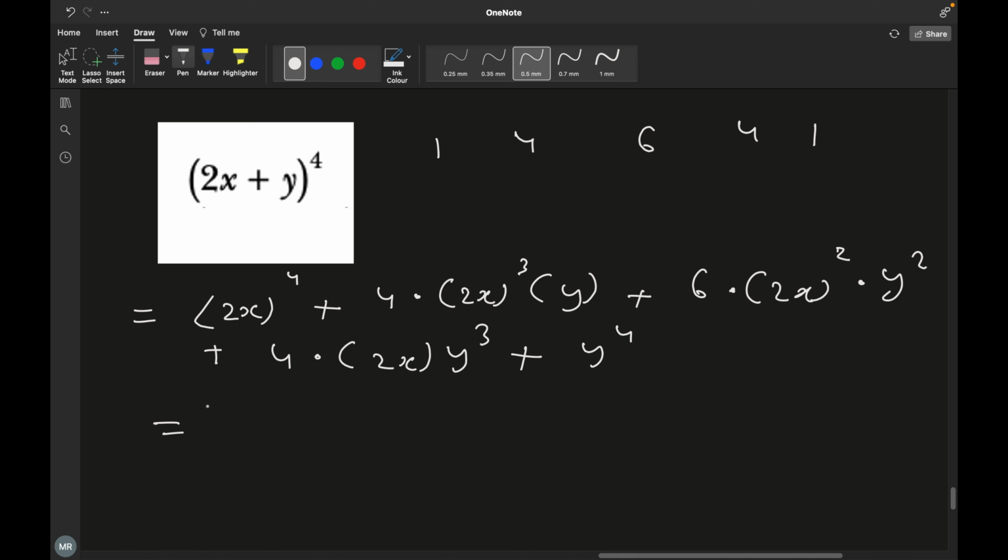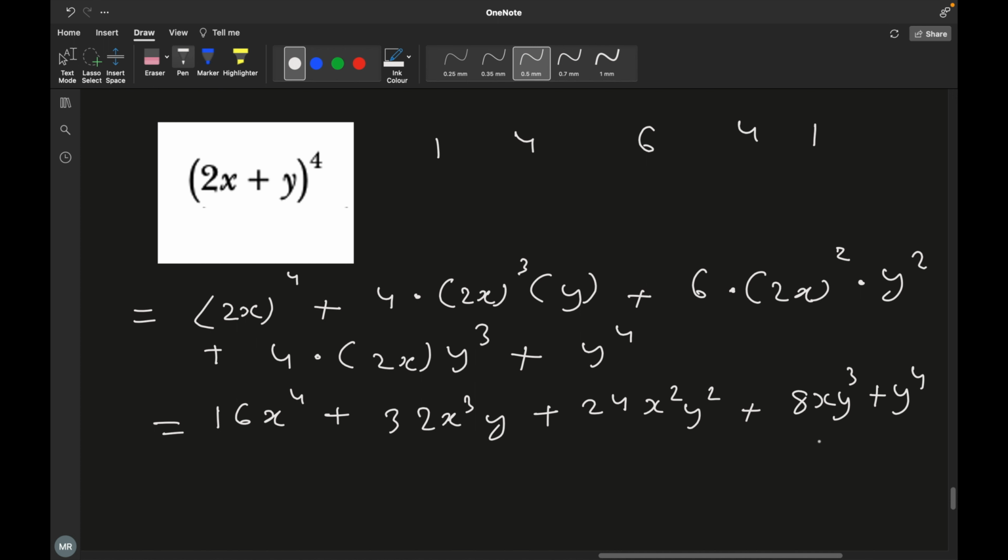This will give us 16x to the power of 4 plus 4 into 2 to the power of 3 is 32 x cubed y, and then 6 into 4 is 24, 24 x squared y squared plus 4 into 2, which is 8, 8x y cubed plus y to the power of 4. This is the final answer.